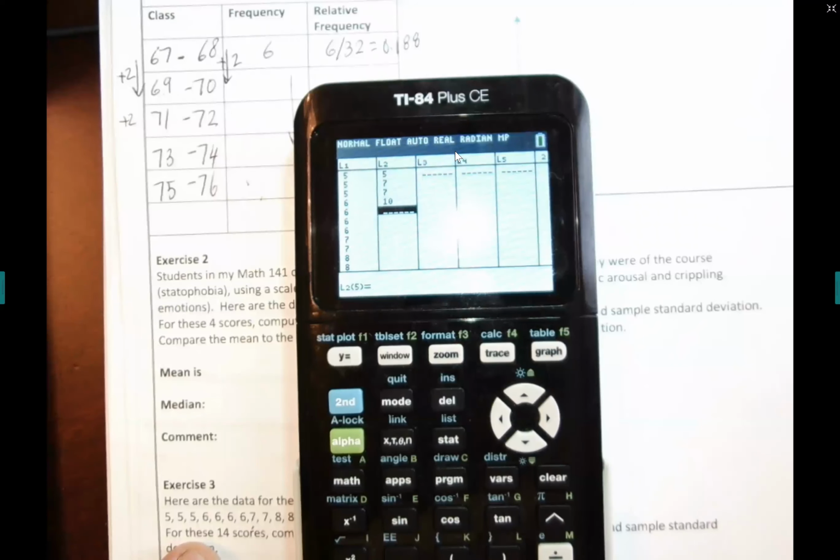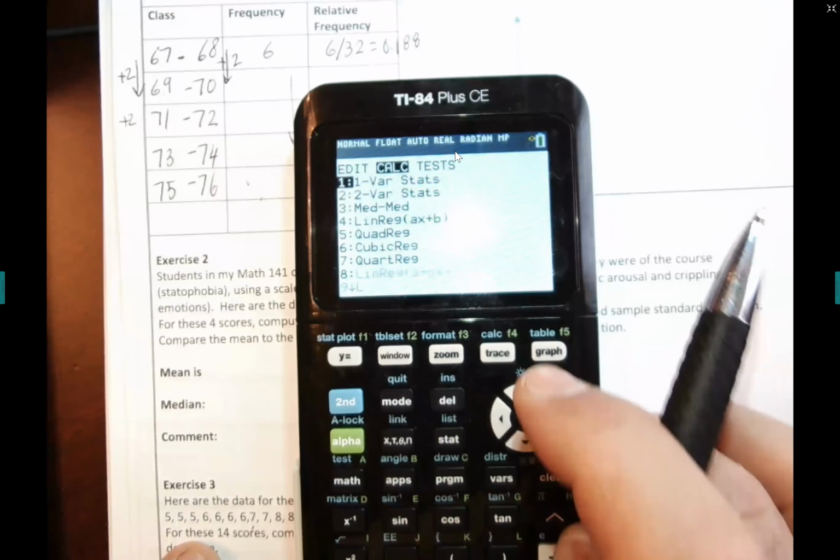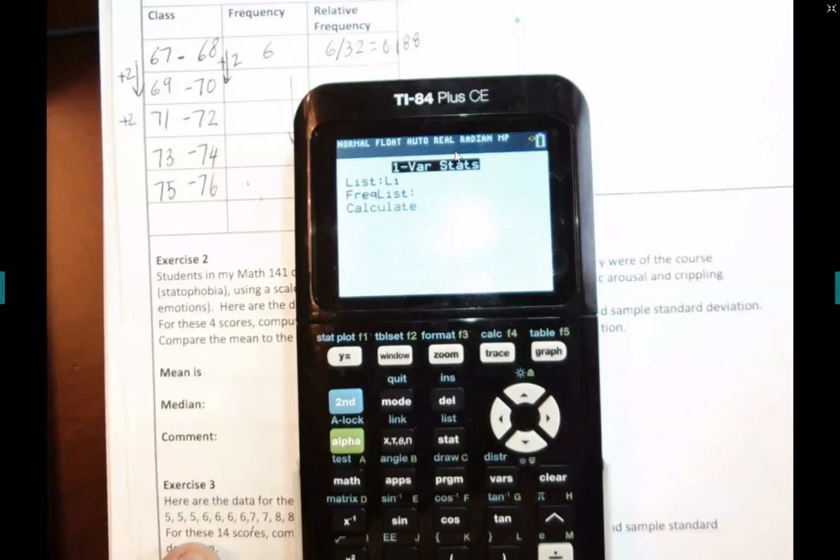So it's a lot of tedious calculation, guys, but they're straightforward. One variable statistics. Remember, I'm looking at L2 now, so I'll put second and number 2. Okay, the mean is 7.25 and the standard deviation is 2.1. 7.3 and 2.1.